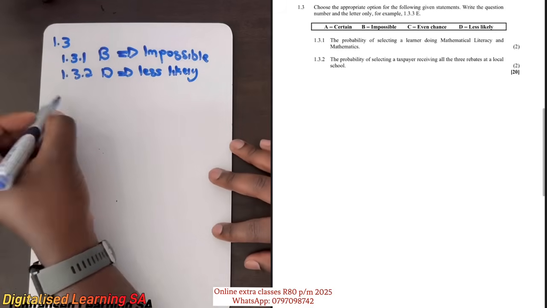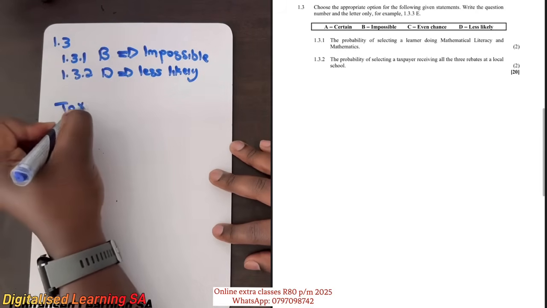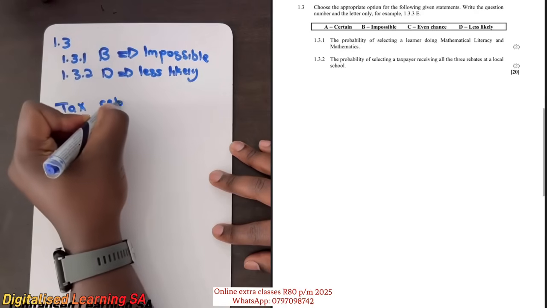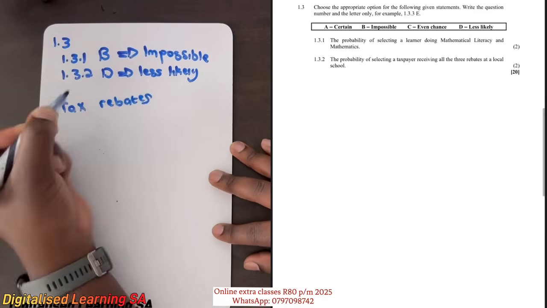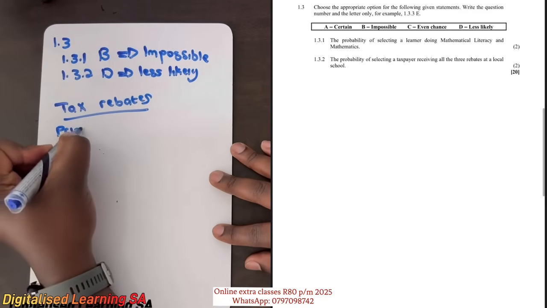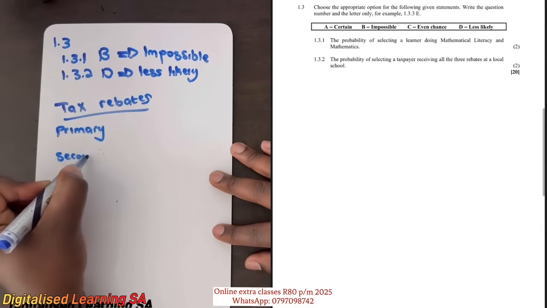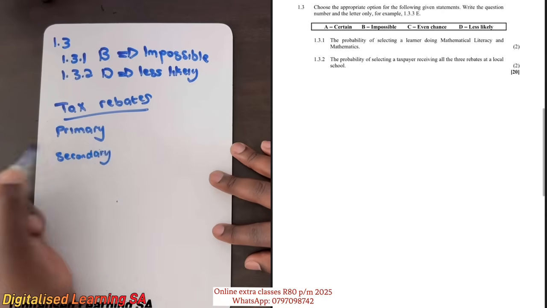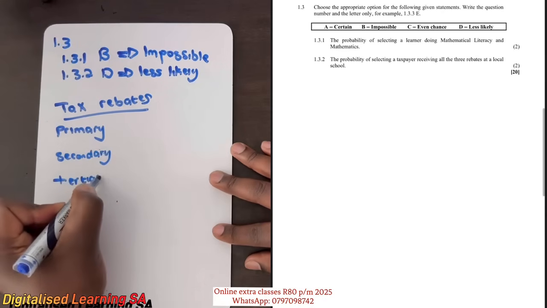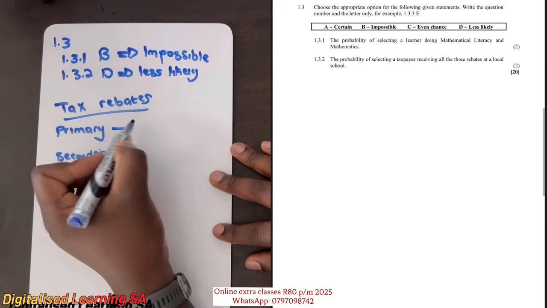So if we are speaking about tax rebates, we know that we have the primary rebate, we have the secondary rebate, and we have the tertiary rebate. So the primary, everyone qualifies.